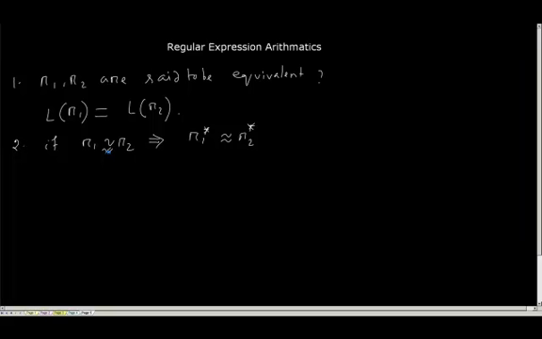Okay. So what I'm saying is, if R1 and R2 are two equivalent regular expressions, then I can apply the closure property over it, the Kleene closure, and the final expression, that is R1 star, is equivalent to R2 star.